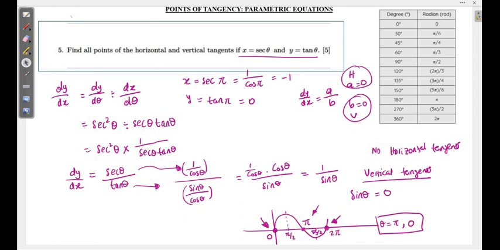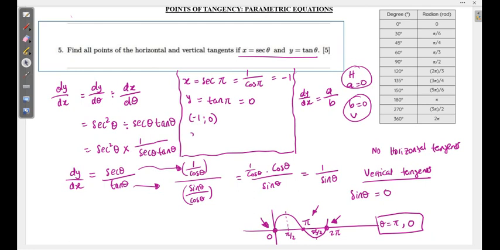So it means it will be at -1 and 0. Therefore this means that the vertical tangent will be at that point. Then we can use 0.